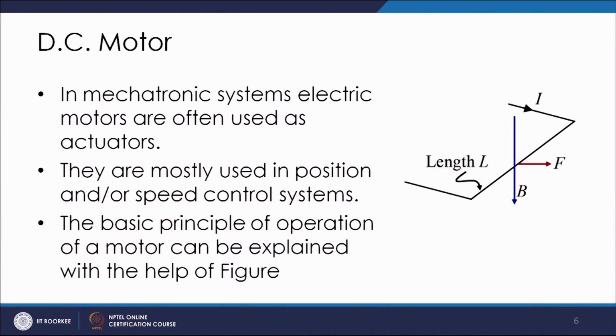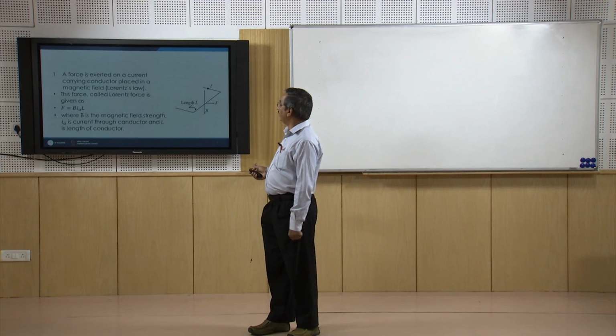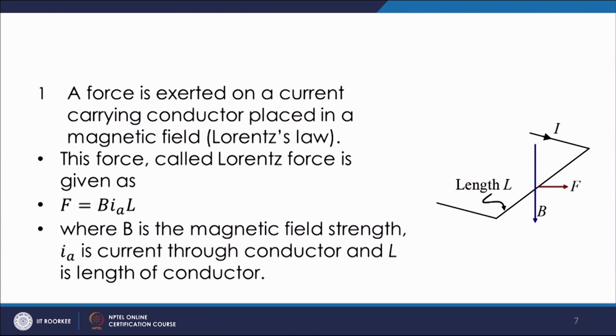The basic principle of a motor, of course, all of you have studied in school as well: a current carrying conductor, when placed in a magnetic field, experiences a force. So a force is exerted on a current carrying conductor placed in a magnetic field.